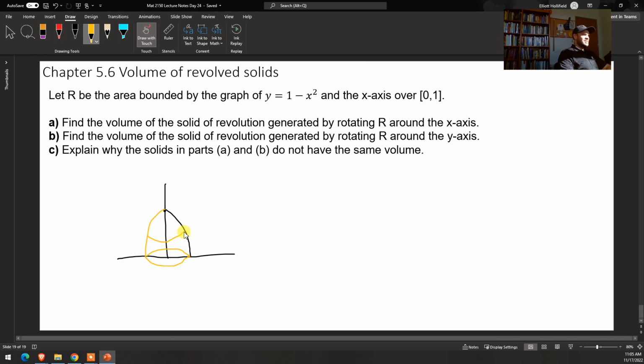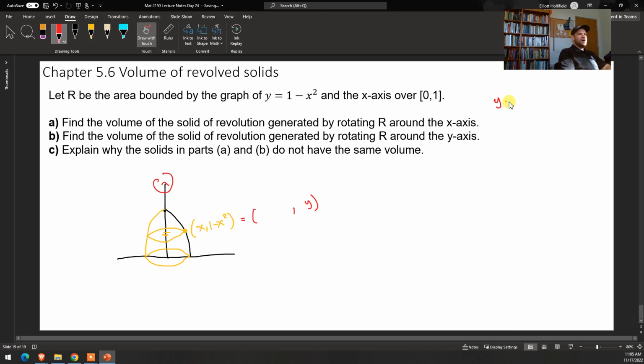Now if we cut this thing into slices, the thickness of each slice goes through the y-axis. And now in terms of the x variable, this is the ordered pair x, 1 minus x squared. But if we want the volume of the object by rotating around the y-axis, then we need a dy integral since the thickness of each slice goes through the y-axis. That means we need this ordered pair in terms of the y variable, or we need the inverse of this function.